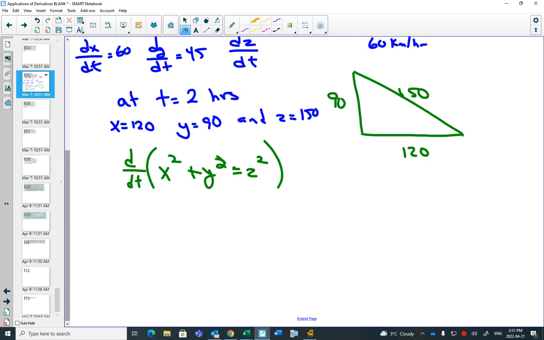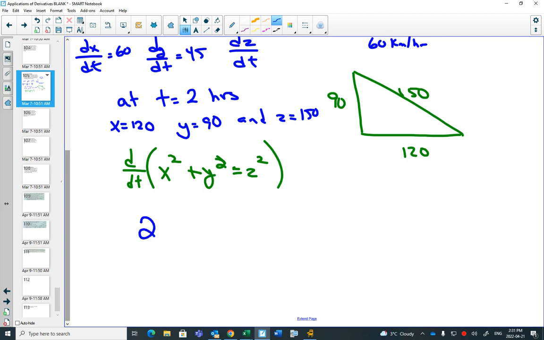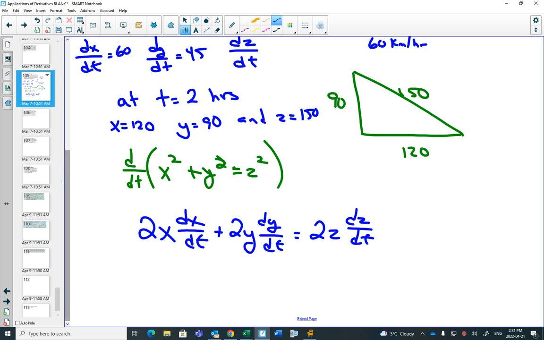So how do we find that derivative? Well, because it's implicit differentiation, the derivative of x squared would be 2x dx dt, plus 2y dy dt, equals 2z dz dt.